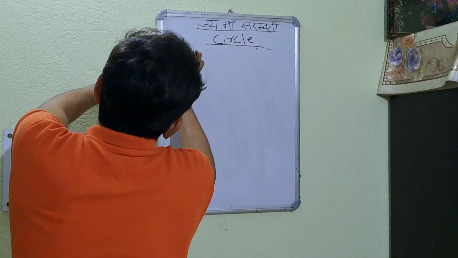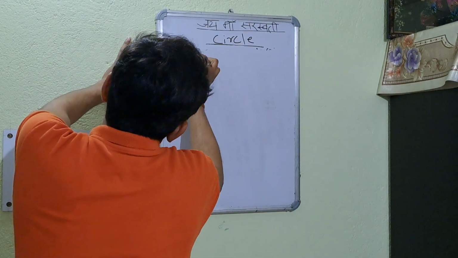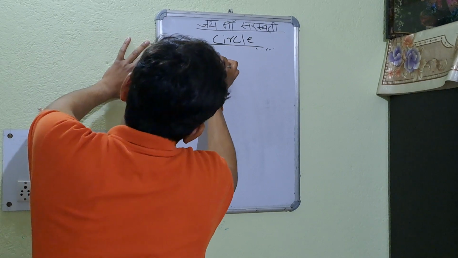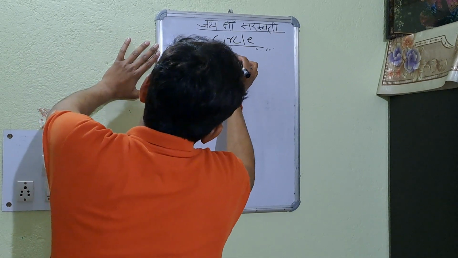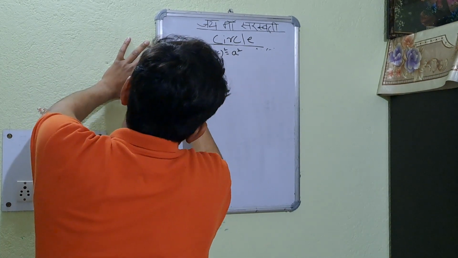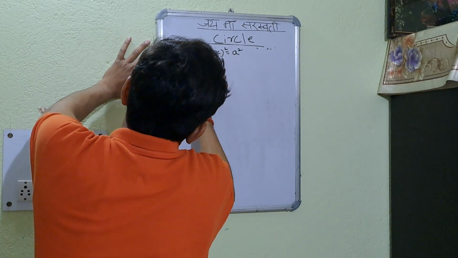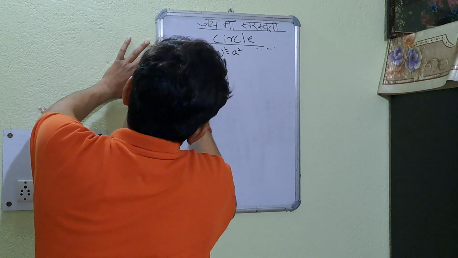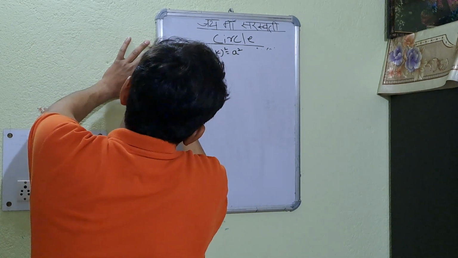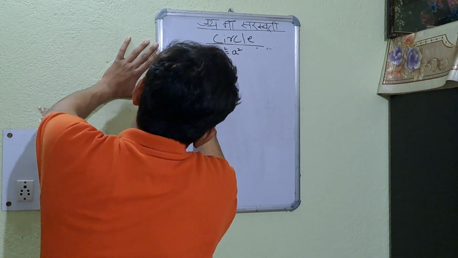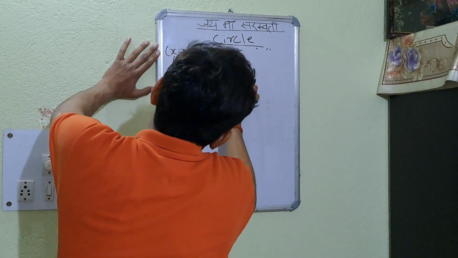As we know, the original equation is (x minus h) the whole square plus (y minus k) the whole square is equal to a square, where h and k are the center of the circle and a is the radius of the circle. Understood? So the second condition is when the circle touches the x-axis.